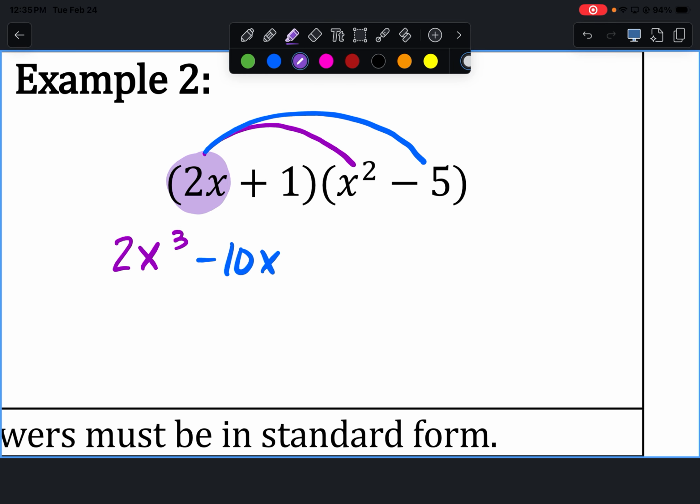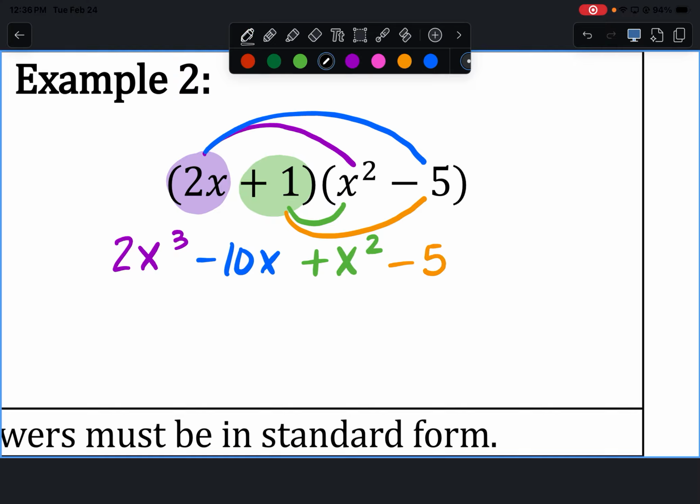Now, I'm going to look at our 1. So what do I distribute that 1 to first? What is 1 times x squared? Then I need to distribute 1 to... So what is 1 times negative 5? And is that in standard form?